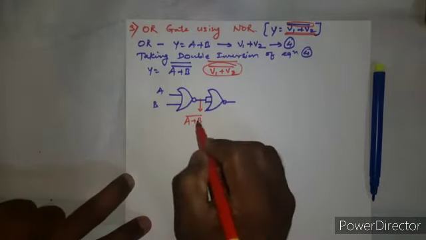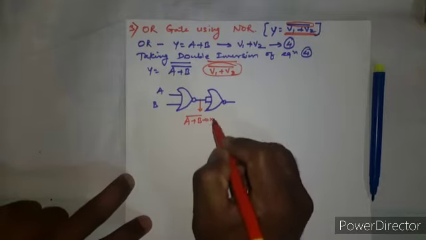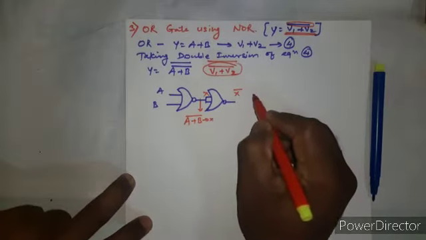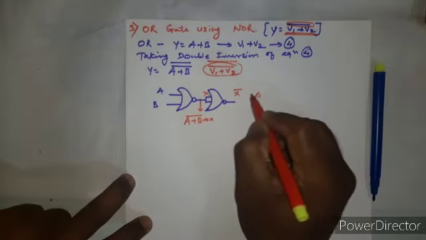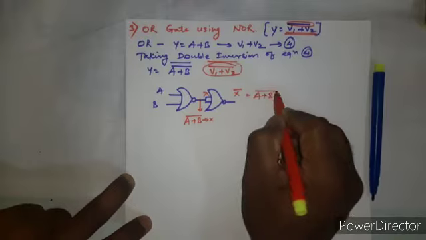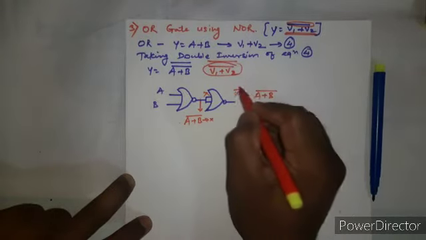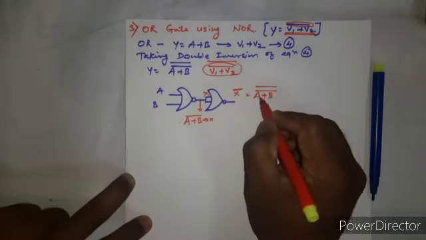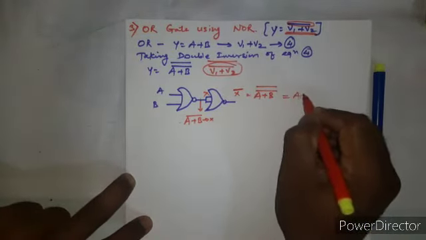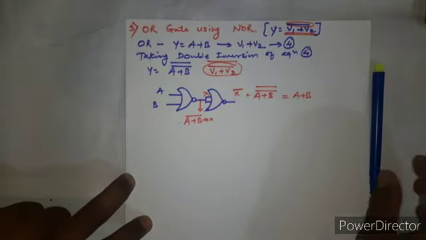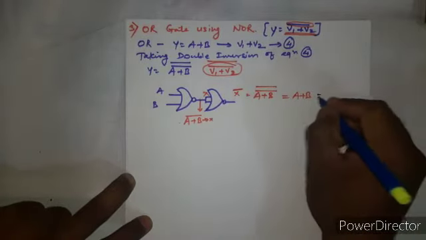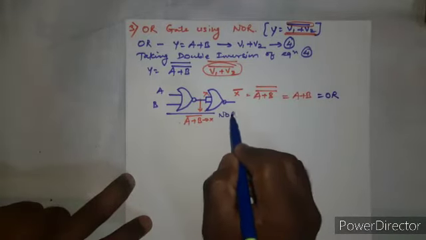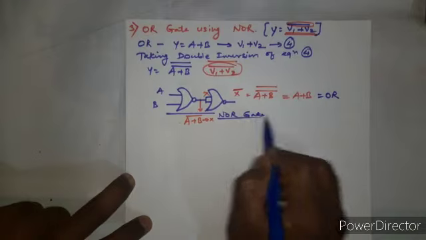Consider this input as X. Now here the input is X and the output is X bar. So what is the equation of X? X is A plus B whole bar, the value of X itself, and we have this bar here. So A plus B double bar is equal to A plus B, which is nothing but our OR gate, but we have implemented it using NOR gates.